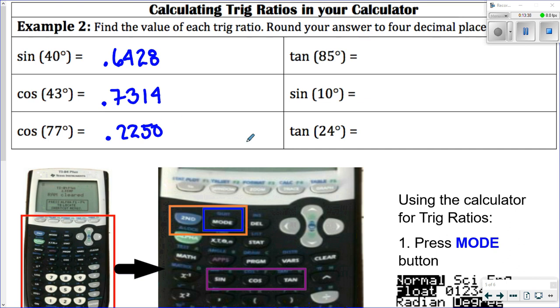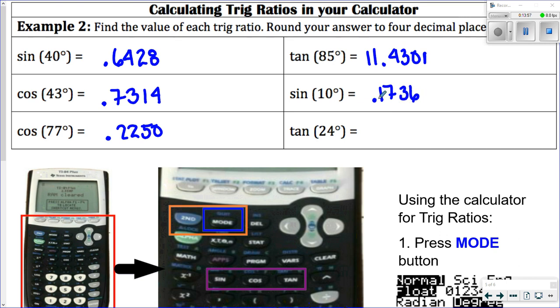Then I do tangent. I press tangent 85. It gives me 11.43005, round up to 1. Then sine 10 degrees, which will give me 0.1736.